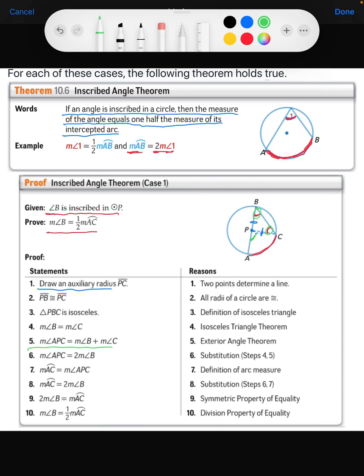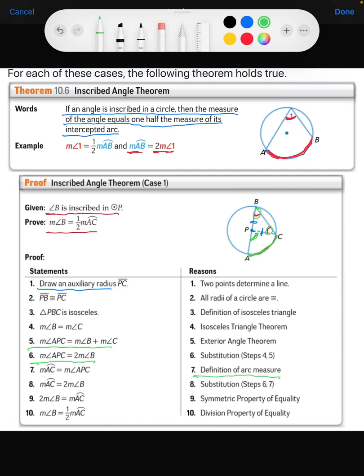So the exterior angle theorem tells us that the exterior angle is just the sum of the two interior angles. So B plus C equals angle APC, and because B and C are equal to each other, by substitution, we can say APC is just 2 times angle B. And then if we know that APC is 2 times angle B, we can say that by definition of arc measure, arc AC, so this one right here, is going to equal angle APC, right?